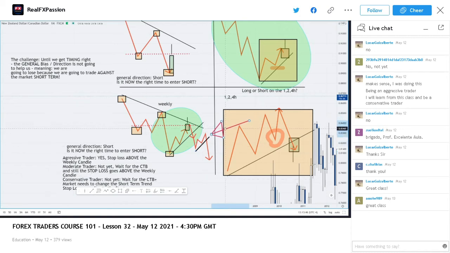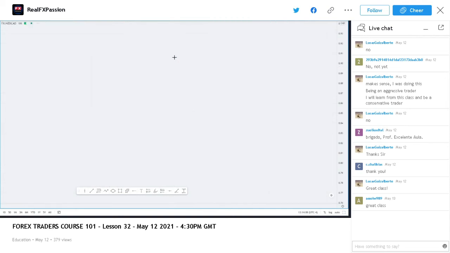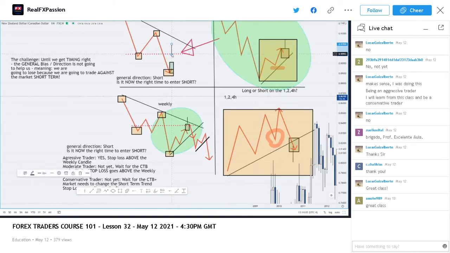Just an example. And when and if the market makes a lower low, this monthly candle, which is still moving, by the way, is not going to be up in here anymore. It's going to be like this. Yeah, too many things on the chart, right?